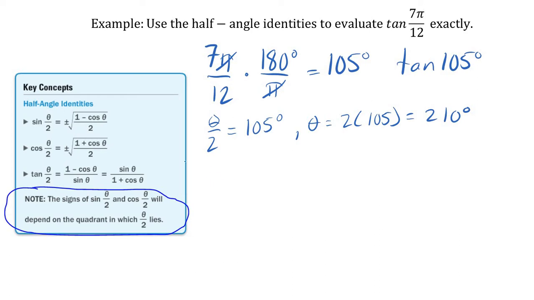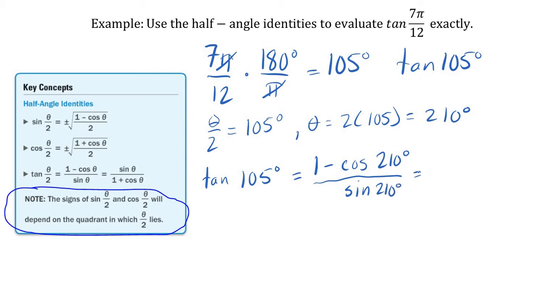I'll just use this top one, 1 minus cosine. So tangent of 105 degrees equals 1 minus cosine of 210 degrees over the sine of 210 degrees.